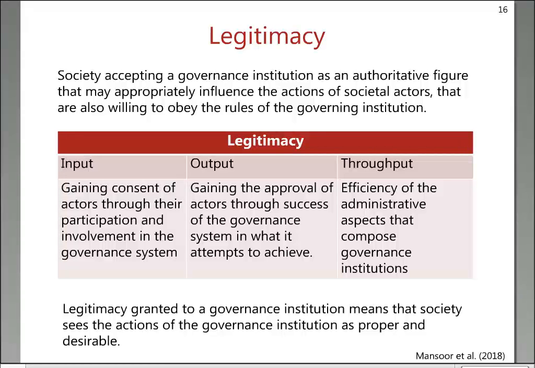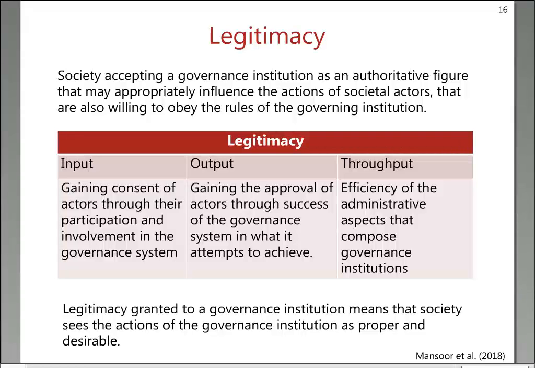Input legitimacy is about gaining consent of the actors through participation. So you could say it's the democratic content of the system. The output is about how effective it is and how successful it is in achieving the goals it was put in place to achieve.